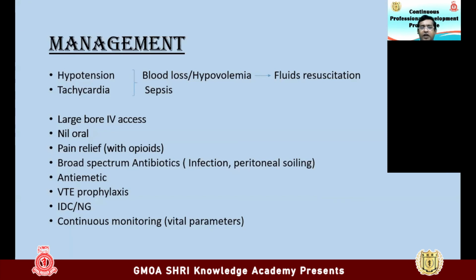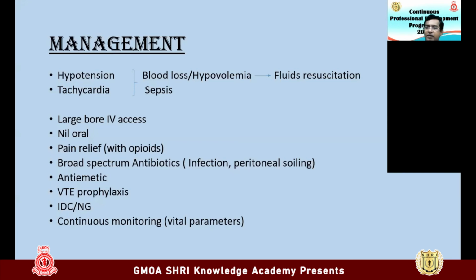At the same time you can draw blood for relevant investigations. Until you come to a particular diagnosis, you can keep the patient nil by mouth, and you can give pain relief. Trials show that giving opioids doesn't mask the underlying symptoms of pathology. So you can keep the patient pain-free by giving opioids.